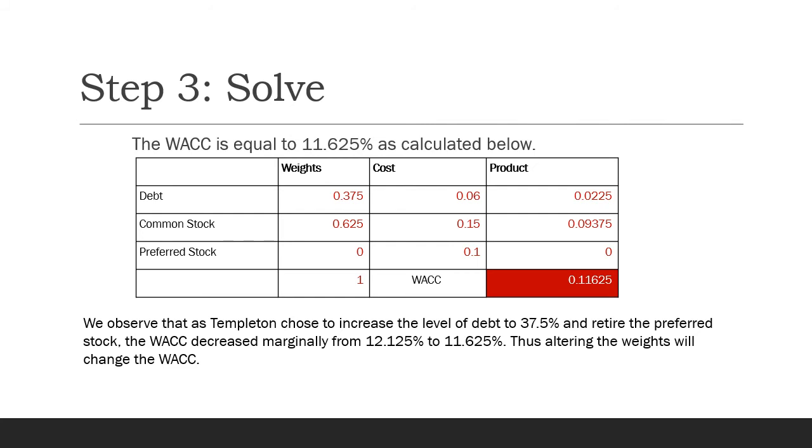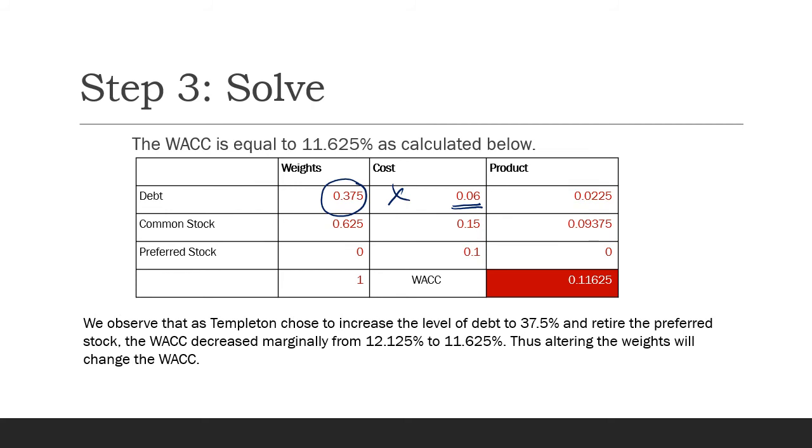So by using the formula of the WACC from before, we can just plug in the numbers. It is easy for you to put it in the template. We take the debt: the weightage of the debt is 0.375, just multiply by the cost of the debt.